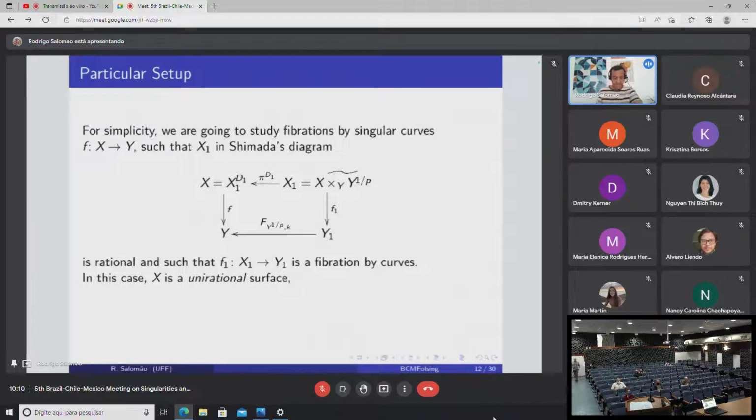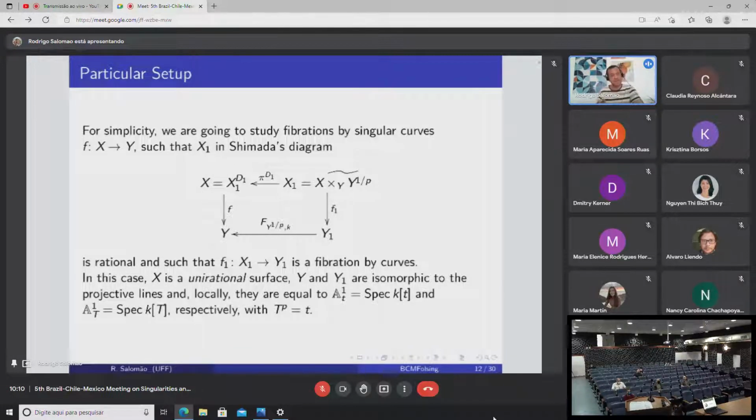And in this case, since this surface is a rational surface, we obtain that x is a unirational surface. And for this reason, the base curves need to be isomorphic to the projective line, and locally we are exactly with the setup of the previous example, okay?